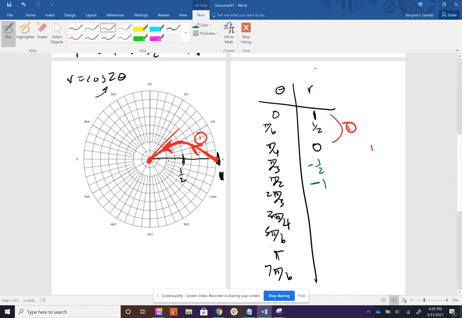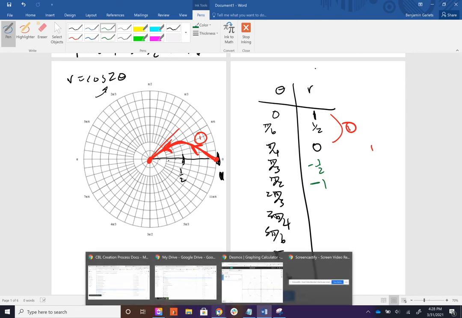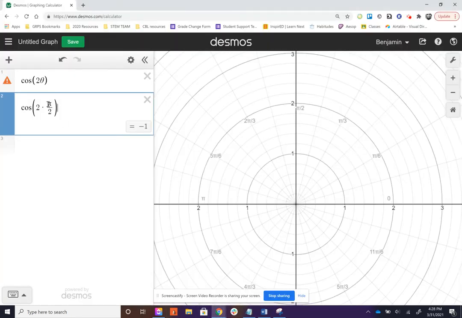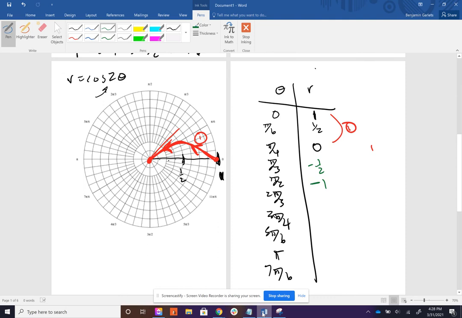Okay, then 2 pi over 3, negative 0.5. Okay. And let's call this leg 2.